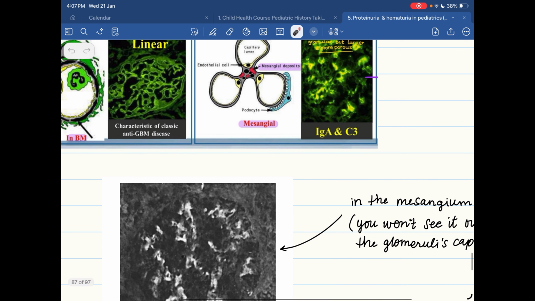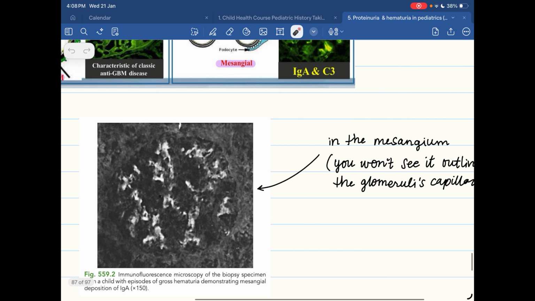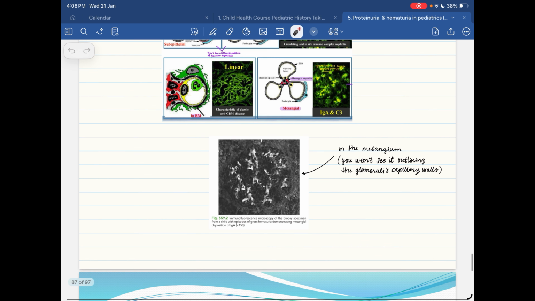You won't see it outlining the capillaries. بالعكس ما يعطيك specific shape. هذا هو على ال immunofluorescence microscopy.